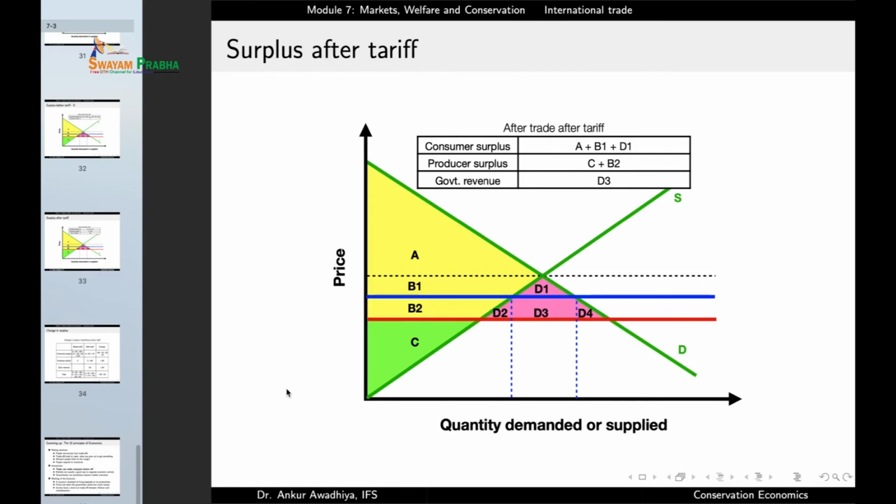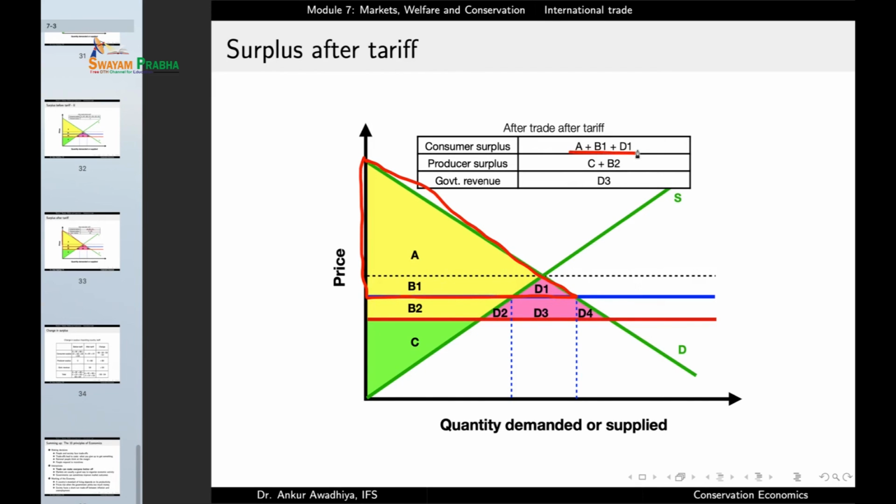Now, what happens after the tariff is imposed? The consumer surplus will be given by the triangle formed by the demand curve and the price curve. So this is the new consumer surplus, A plus B1 plus D1, which is what we are writing here.